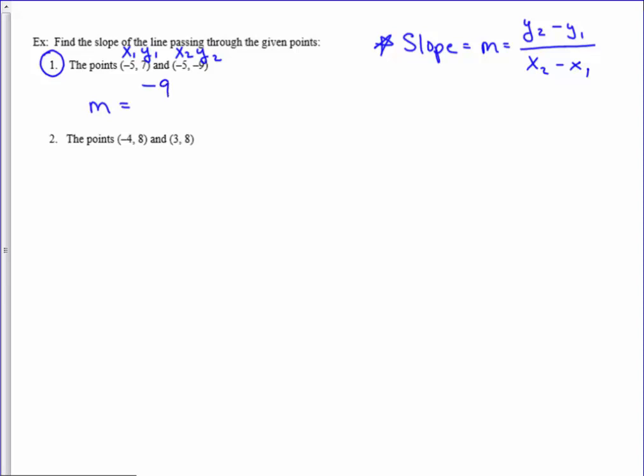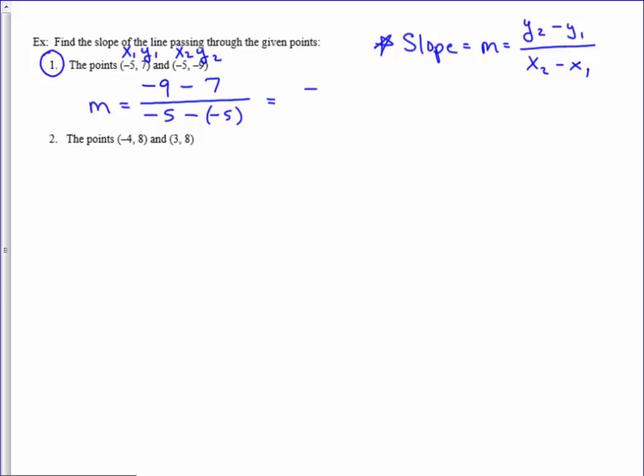Now be careful because your formula has a built-in negative sign, and then also some of your numbers may be negative. So minus y1 is 7, divided by x2 is -5 minus, and then x1 is -5. So I'd need a minus 5.